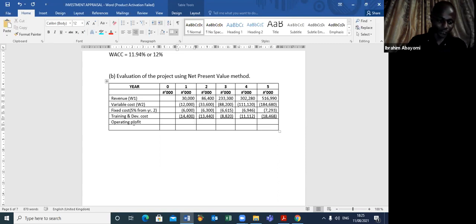We have 30,000 minus 12,000 minus 6,000 minus 14,400. That is negative 2,400. Year 2, 86,400 minus 33,600 minus 6,300 minus 13,440.